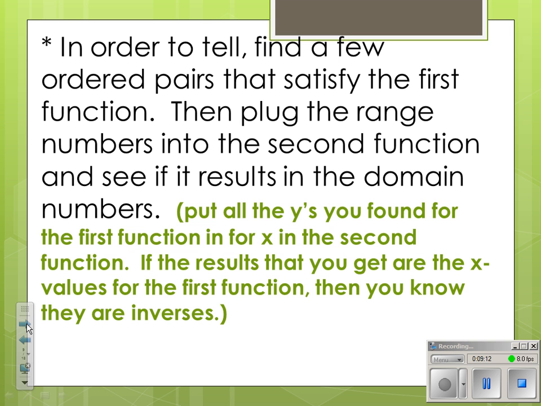In other words, put all the y's you found for the first function in for the x of the second. And if the results you get are the x values for the first, you know those two functions were inverses. I know it's very wordy, but it comes down to the concept that the x values of the one become the y values of the other, and the y values of the first become the x values of the other.